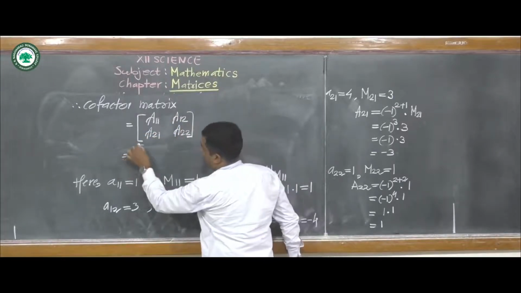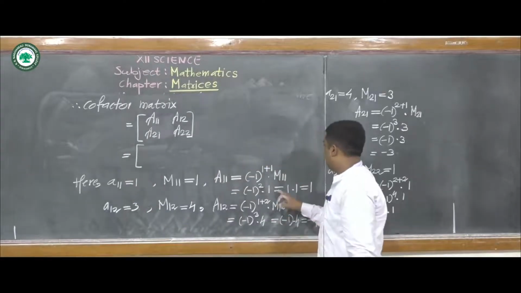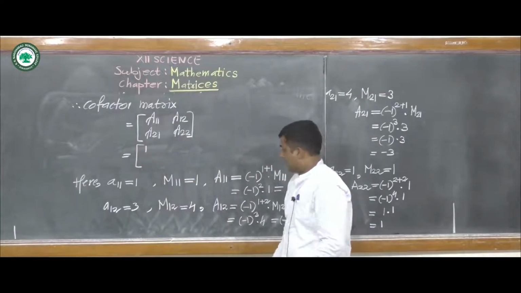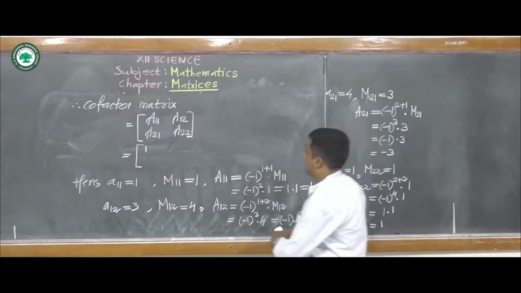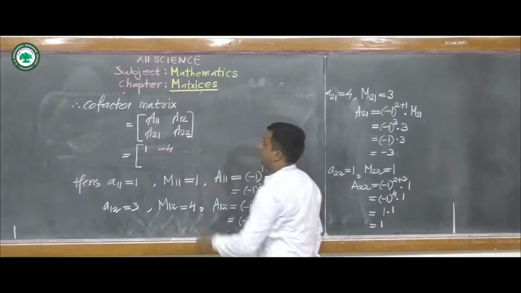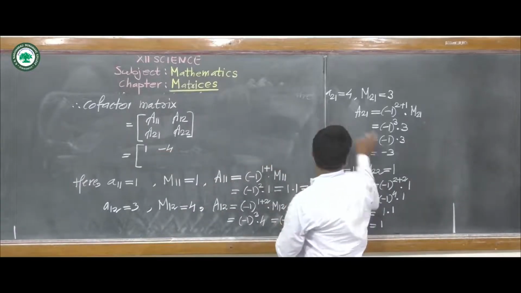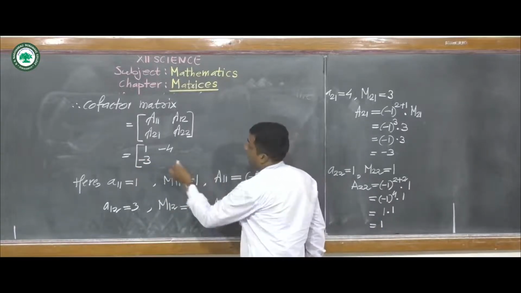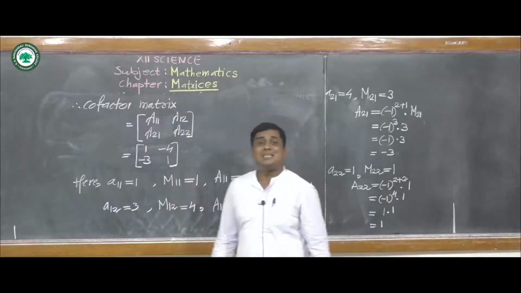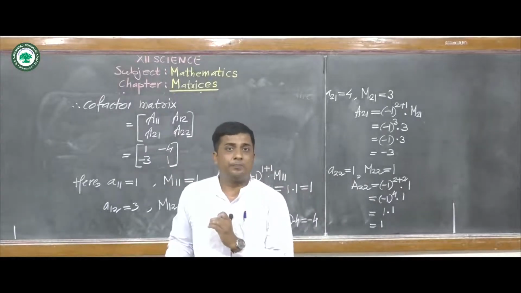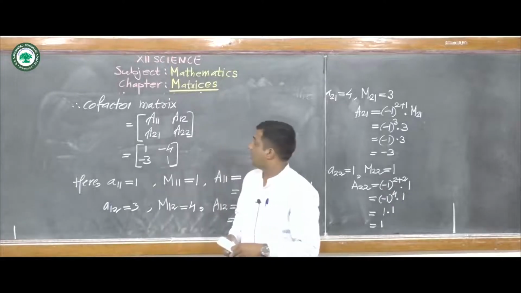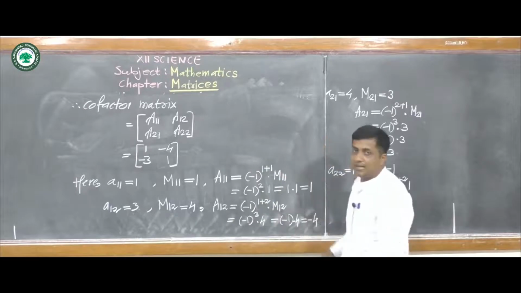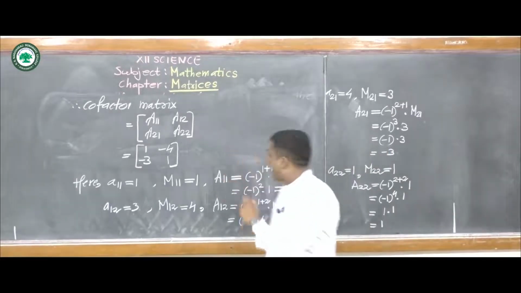Here A11 is 1, so we replace A11 by 1. Then A12 is minus 4, so we replace it by minus 4. Then A21 is minus 3, and lastly A22 is 1. So this is the cofactor matrix. We found the cofactor matrix of the given matrix. So remember this example. Let's go with the second example.